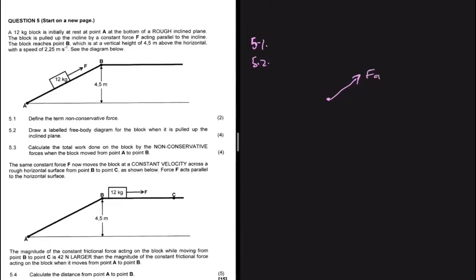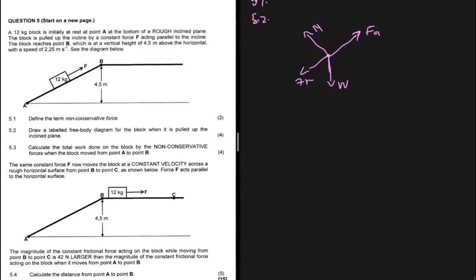Because it's resting on a surface, we must have a normal force perpendicular to the surface. And then obviously we're going to have gravity, so we're going to have weight there, and since the incline is a bit rough, let's have frictional force. So we have FR there.